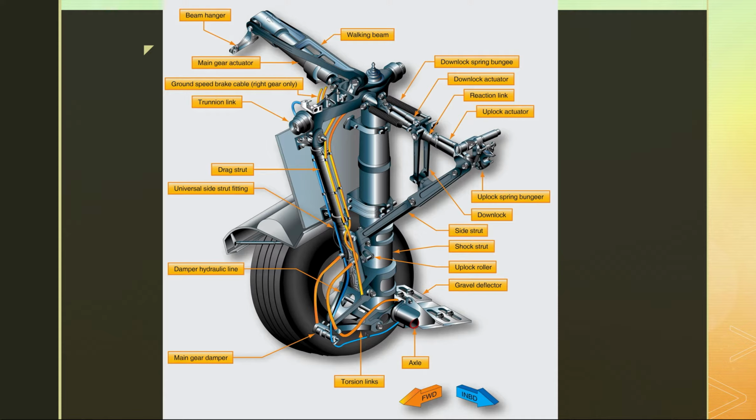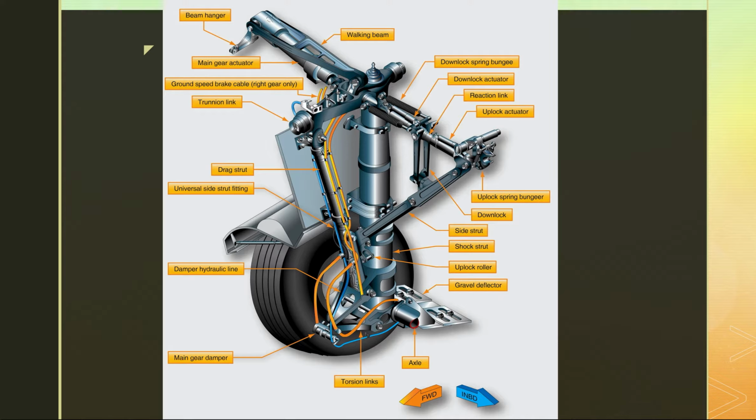Like you straighten your arm and you locked your elbow out, and that's what the side strut or the drag strut does here. So the down lock is a mechanical lock that holds the side strut or the drag strut extended to keep the gear down. So it's not magic, it's not hydraulic fluid or electrical current that holds the wheels down. It's a physical lock that does it.